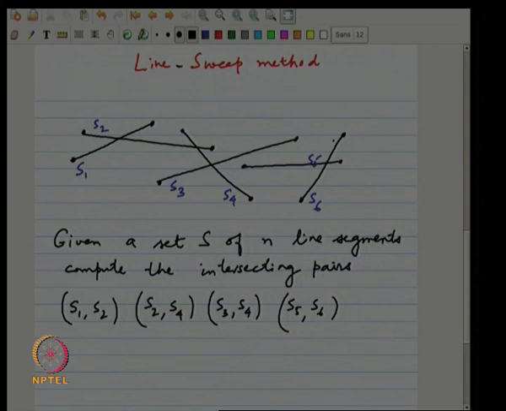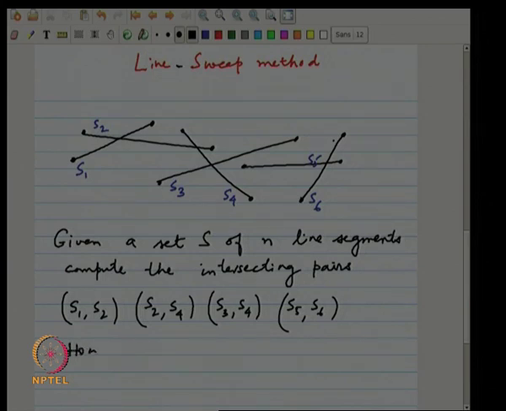Okay. So how would you algorithmically try to compute these intersecting pairs? First of all, let us just for a moment reflect on how, given 2 line segments, you compute the intersection. This is a very basic question.